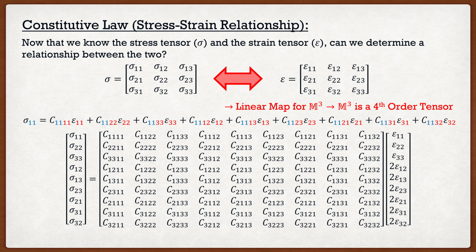So if we were to look at this and take a step back, the first thing that we see is, well, if we know our strains and we multiply it by a map and it gives us stresses, well, therefore, the units of this C matrix will be MPa, or stress. So basically the C matrix here, the matrix that converts strains to stresses in this order, that is going to be called our stiffness matrix. So what we're going to do is we're going to try and figure out what these coefficients are in this stiffness matrix.